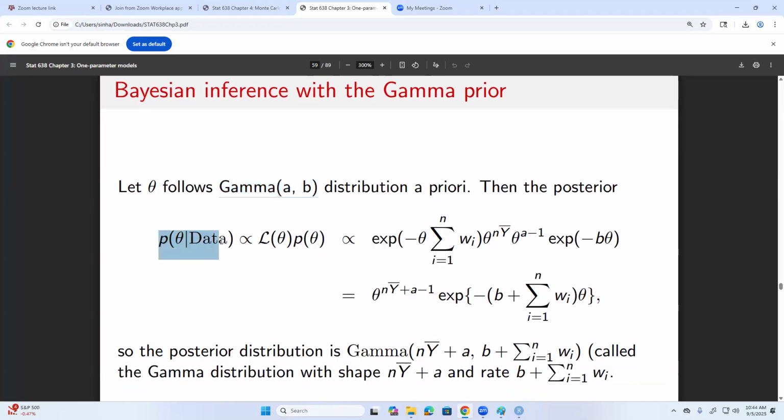So the posterior distribution, theta given data, is the likelihood times the prior distribution. The likelihood part is this much. And the prior distribution, gamma(a, b), means theta to the power a minus 1 times e to the power minus b theta.